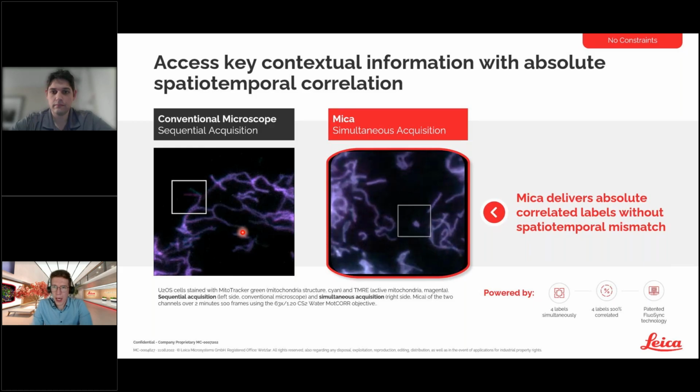We have solved that completely in MICA. So you always have 100% correlated data. You can acquire in wide field acquisition mode up to 4 channels simultaneously without any time difference. And this really gives you a perfect spatial temporal matching of your channels.